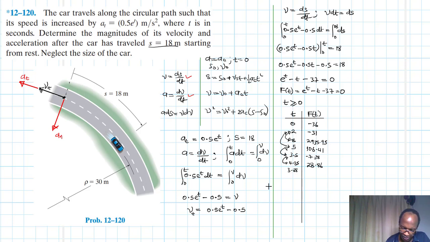Let's plug in 3.88. So this gives us 7.54. So again we are moving to these ones.